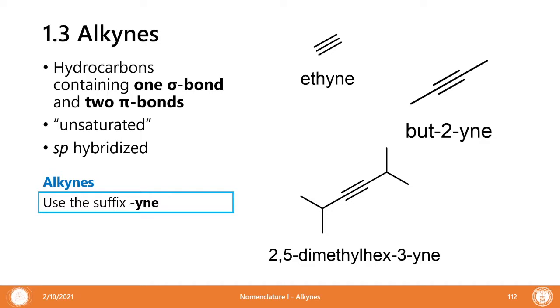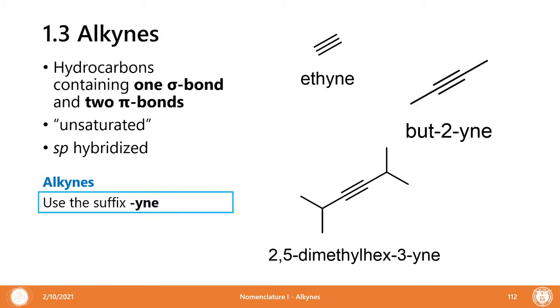Okay, so we now move on to alkynes, which are triple bonded carbons. These carbons contain one sigma bond and two pi bonds. They are termed unsaturated because they also lack the full amount of hydrogens, and consequently, the carbons involved in the triple bond are sp hybridized.